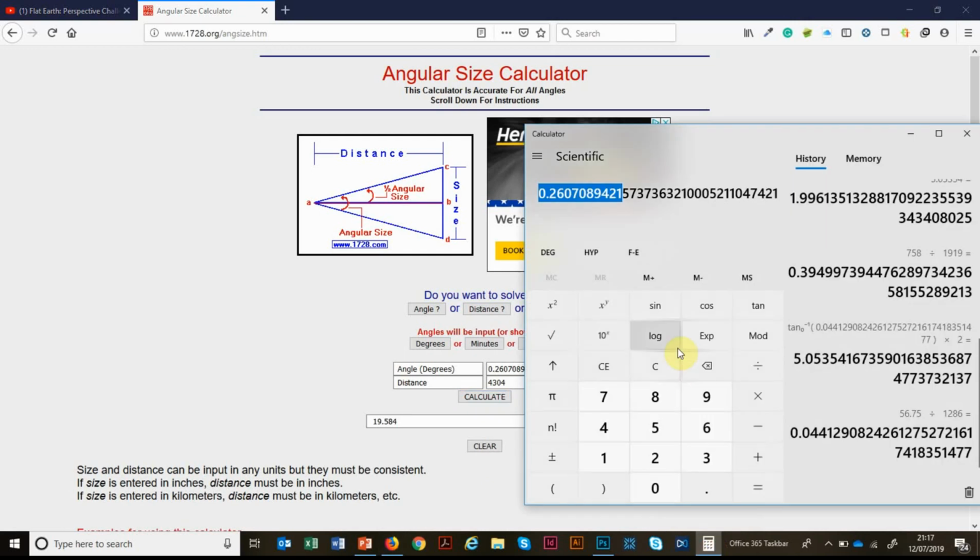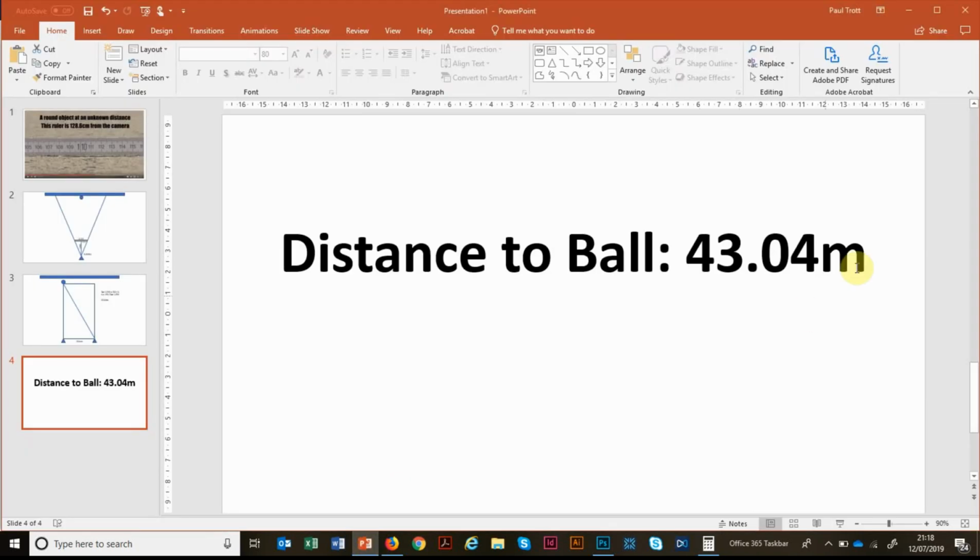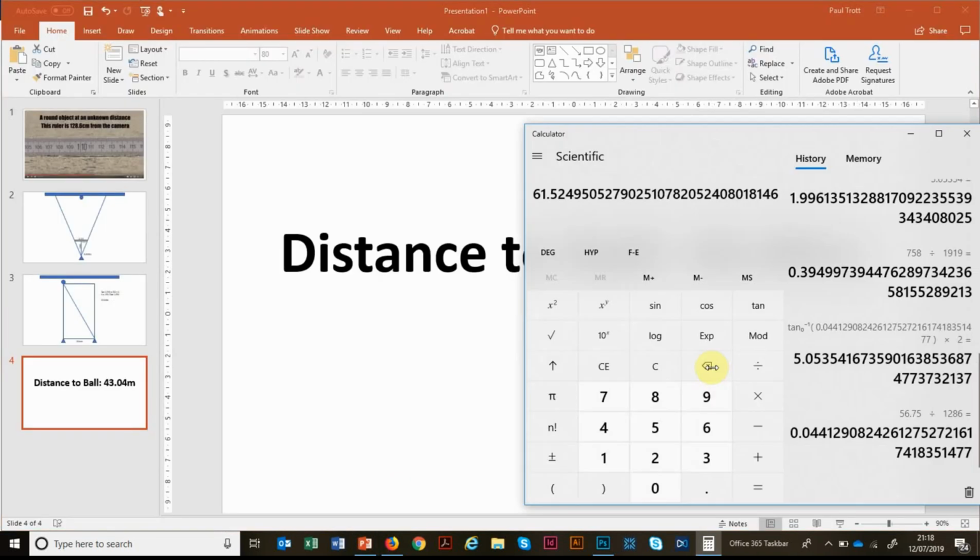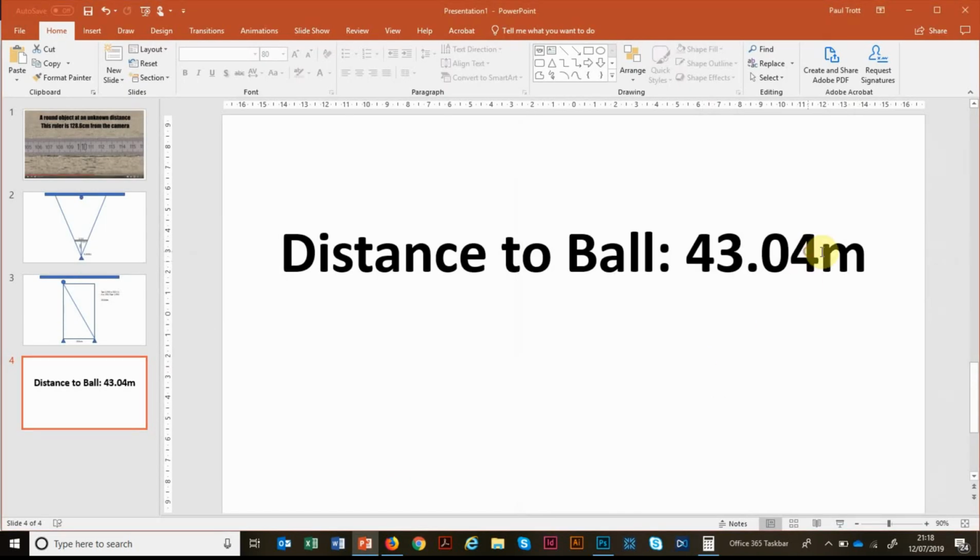So if it's 19.584 centimeters diameter, multiply that by pi, and we'll have the circumference. So I've got a 61.52 centimeter circumference.